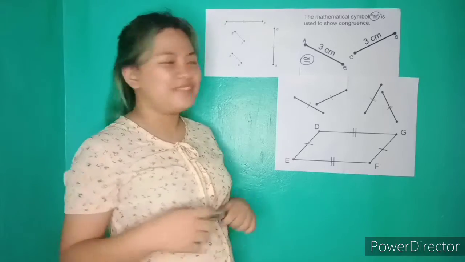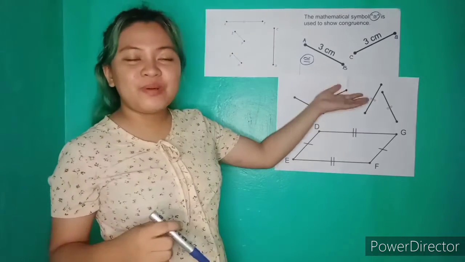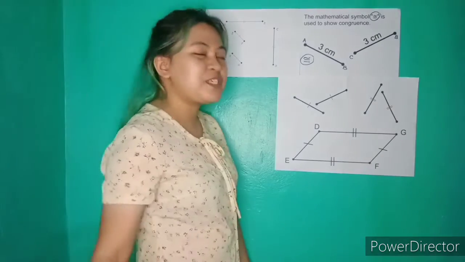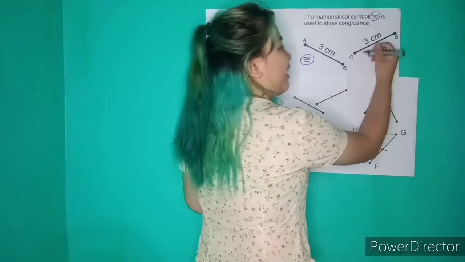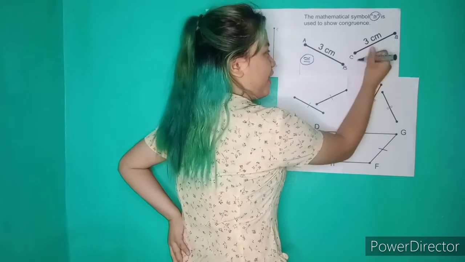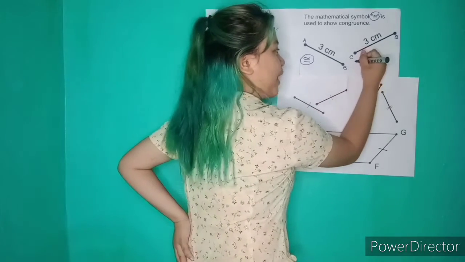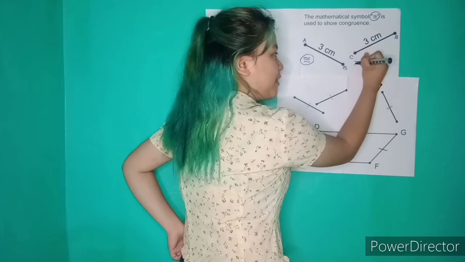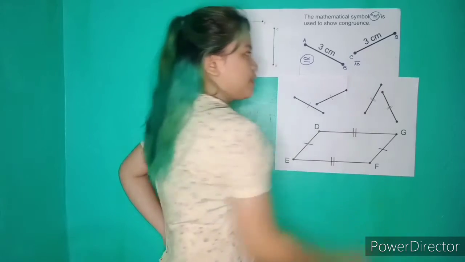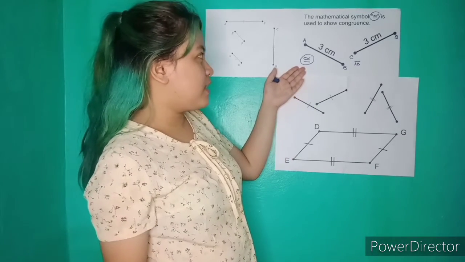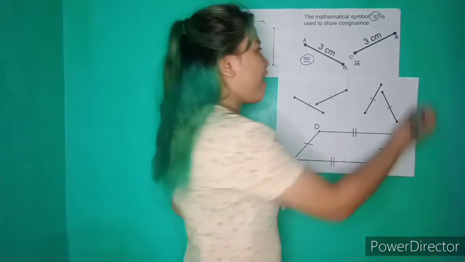Okay, very good. So how are we able to write this? We first write line segment AB. Then we're going to use this congruence symbol.